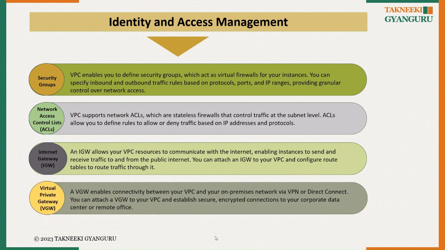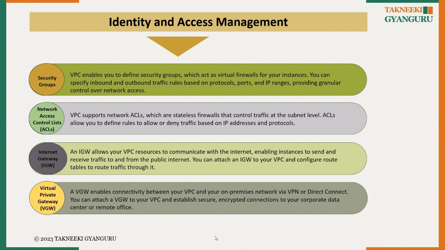Virtual private gateway, sometimes called VGW, enables connectivity between your VPC and your on-premises network via VPN or Direct Connect. You can attach a VGW to your VPC and establish a secure encrypted connection to your corporate data center or remote office.